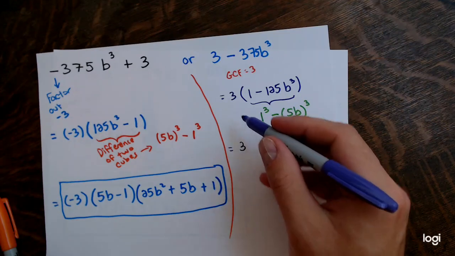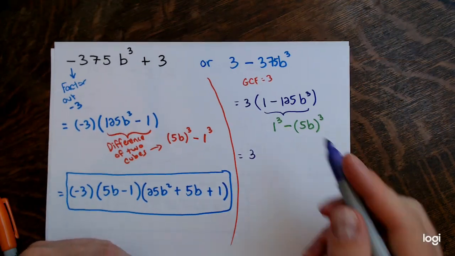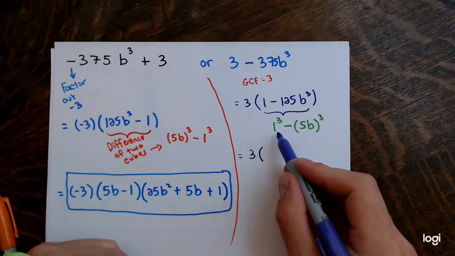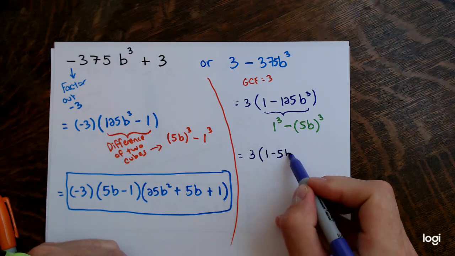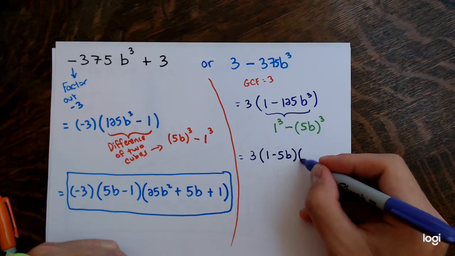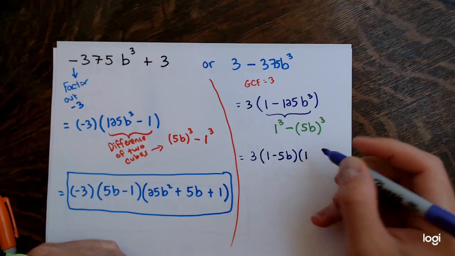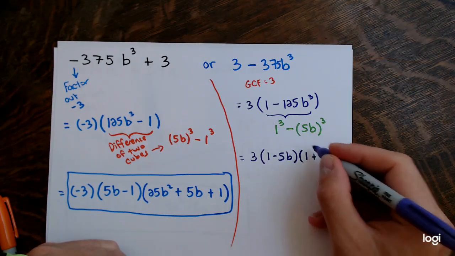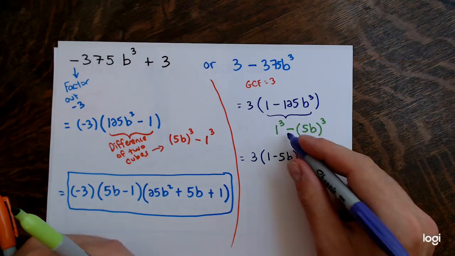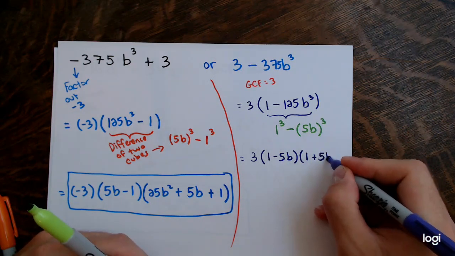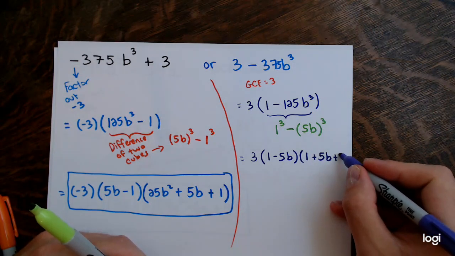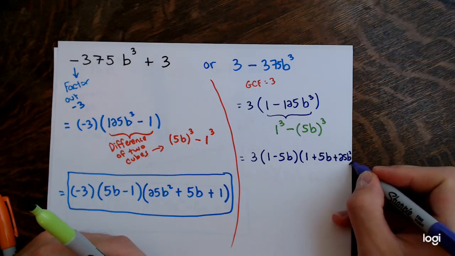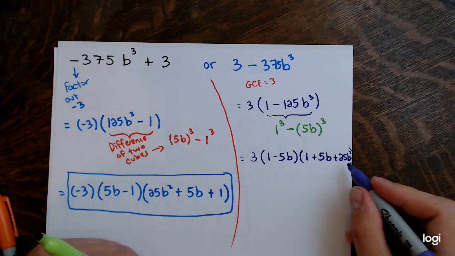I have the 3 pulled out times, and then one factor where I remove the cubes, 1 minus 5b, times, and then 1 squared plus, the opposite sign here, and then 1 times 5b, and then always plus, and then 5b squared, 5b times 5b, 25b squared. Sorry about the edge of the page there.